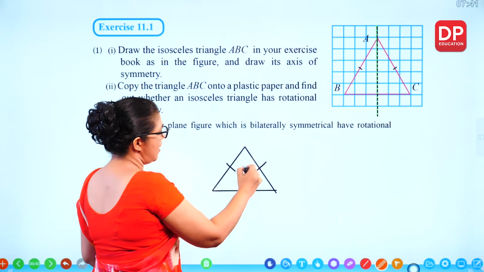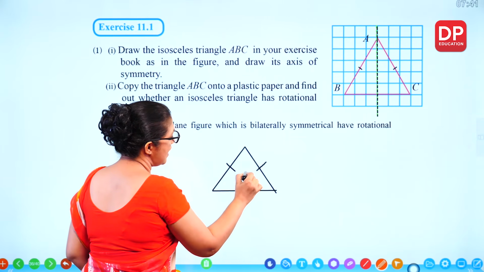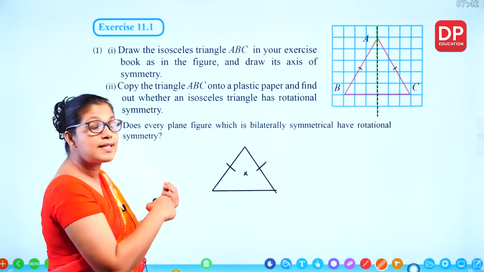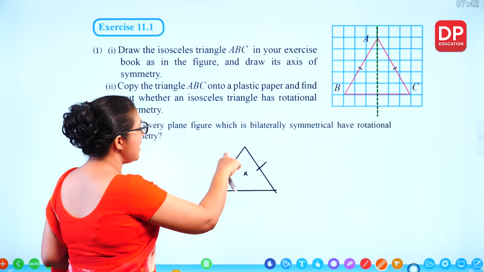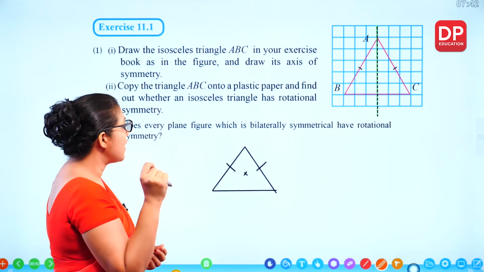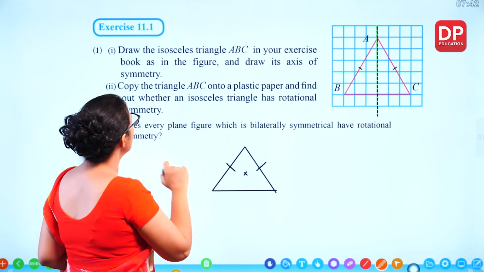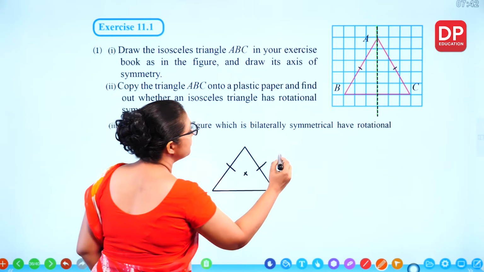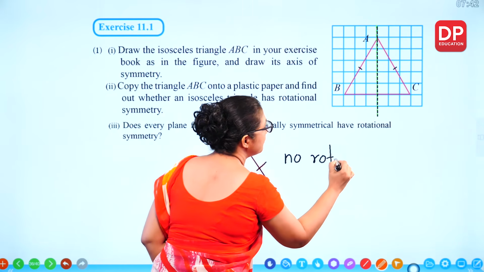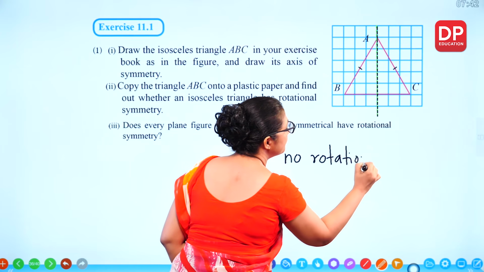So if you are starting from this center, how many times can you rotate to get the same shape? Only when it is 360, you get the same shape. So no rotational symmetry is there.